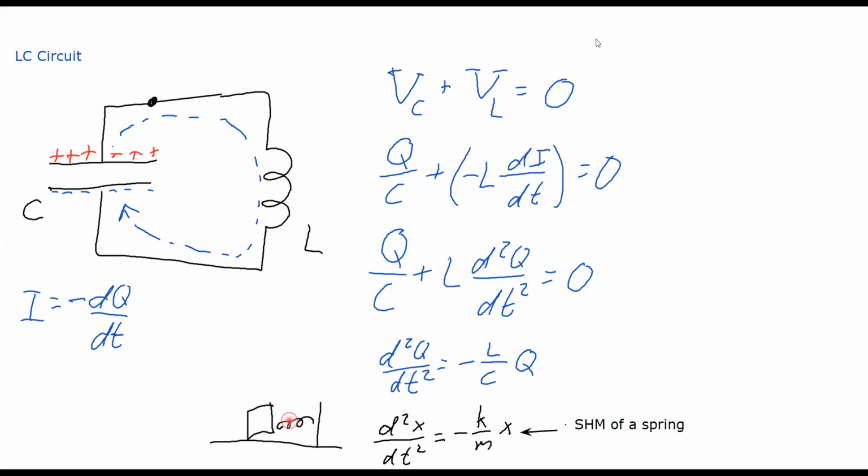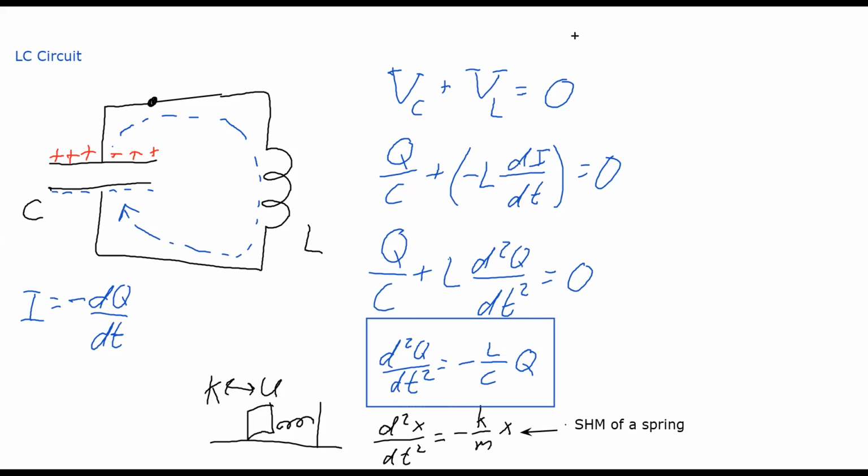And as it does that, if you think about energy, it goes from kinetic to potential, and then potential to kinetic. It keeps going on and on and on. Well, that's essentially what we're seeing here with the LC circuit. It's the same equation, right? Compare the blue equation that I just boxed here to the black equation right under it, it is very similar.